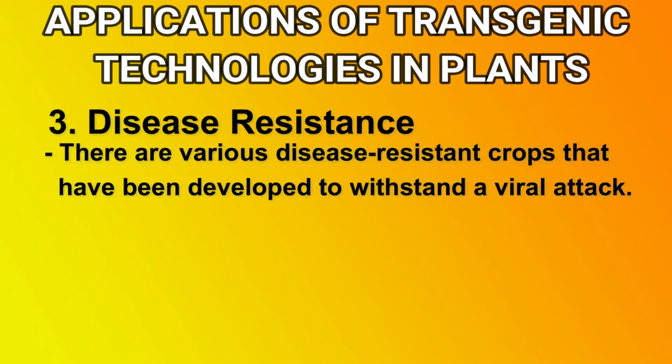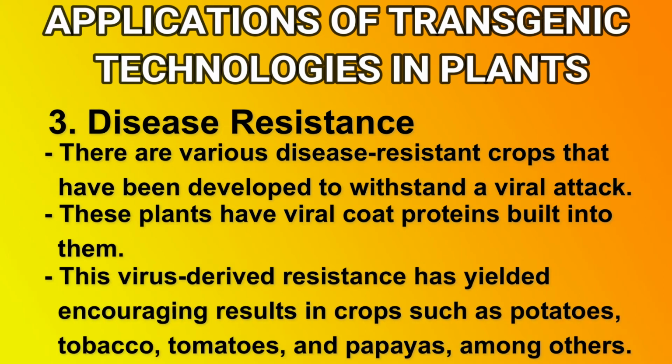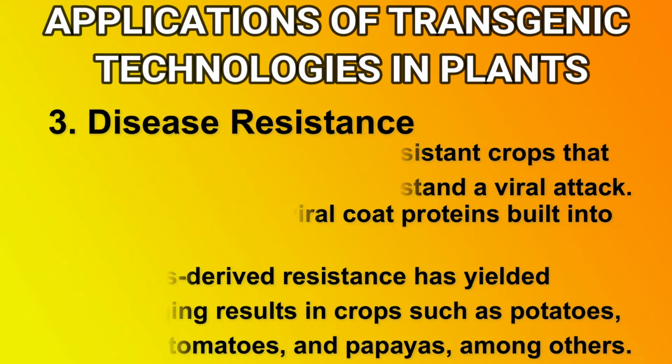Various disease-resistant crops have been developed to withstand viral attack. These plants have viral coat protein built into them. This virus-derived resistance has yielded encouraging results in crops such as potatoes, tobacco, tomatoes, and papayas, among others.